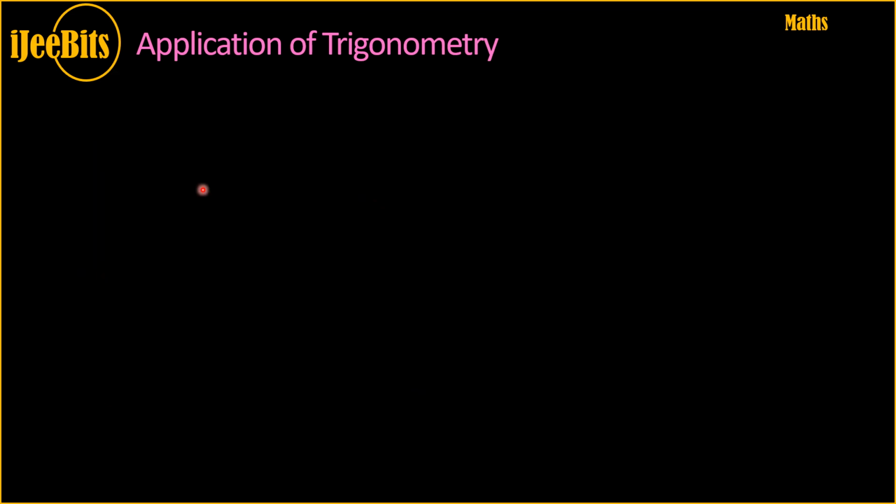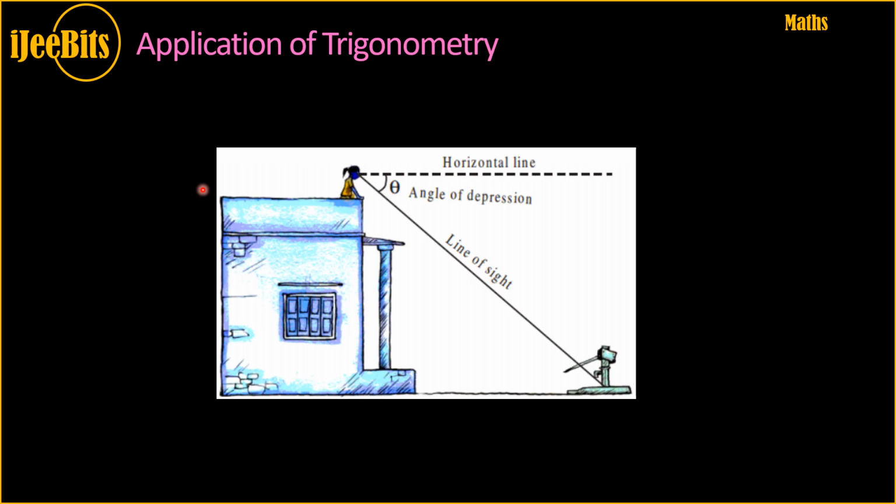Let's take one more application. Suppose you are on your building and trying to see a water pump which is in your compound, in front of your building, but you are at the top of your building, so you are trying to see it, right? So now you are looking in a downward direction.